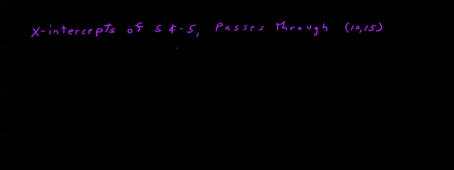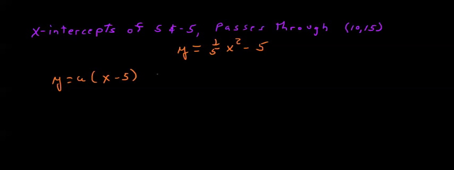Okay, hopefully you tried this on your own. The answer is y equals 1/5, love fractions, x squared minus 5. So let's do this. Y is equal to a times x minus 5 and x plus 5.